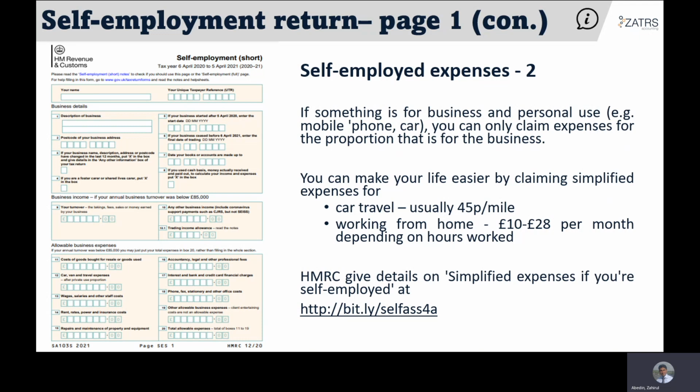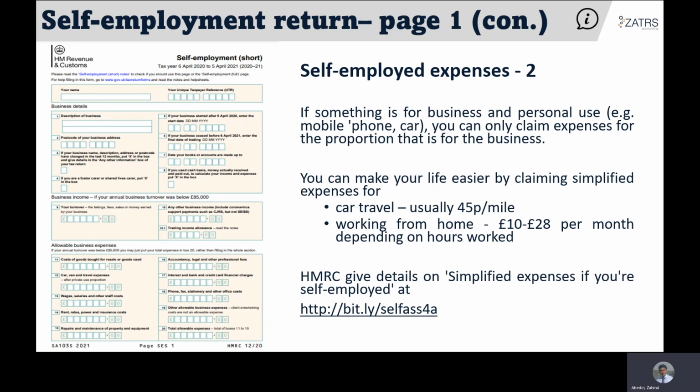Now, in terms of the car, that's one of the things where you can make life a lot easier for yourself. HMRC allow you to claim what are called simplified expenses. At the bottom of the slide you will see a link. Again, there is a guide to this stuff, so if you have not got all the details nailed down, just check out the simple guide that they provide.